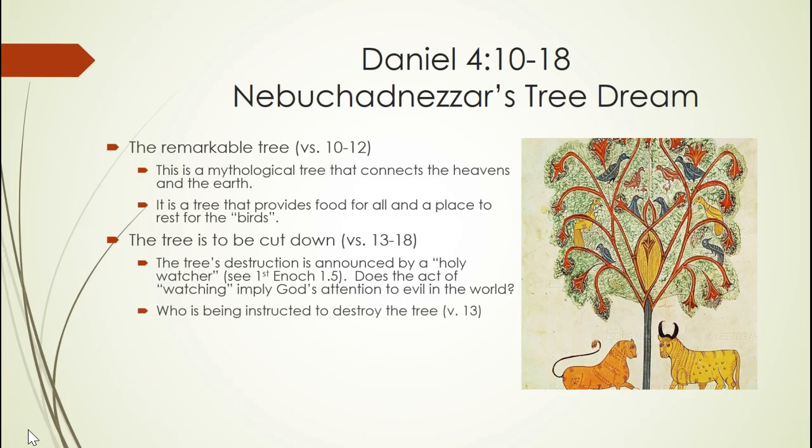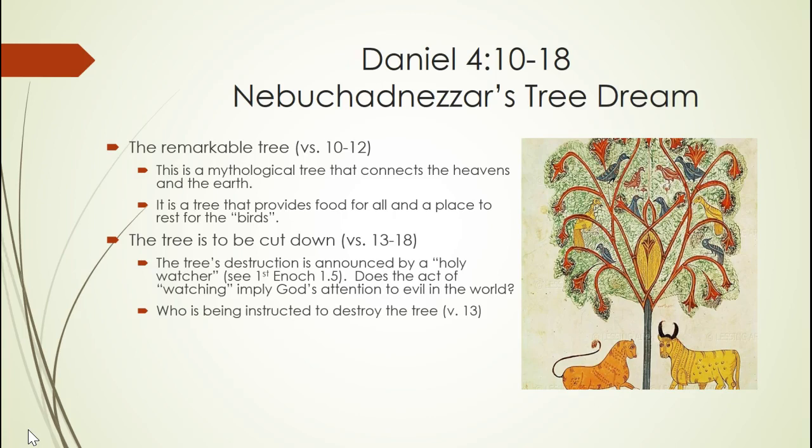So who is being instructed to destroy the tree in verse 13? I continued looking in the visions of my head as I lay down, and there was a holy watcher coming down from the heaven. So this watcher shouts out aloud, cut down the tree. But we don't know who was being told to cut this down.